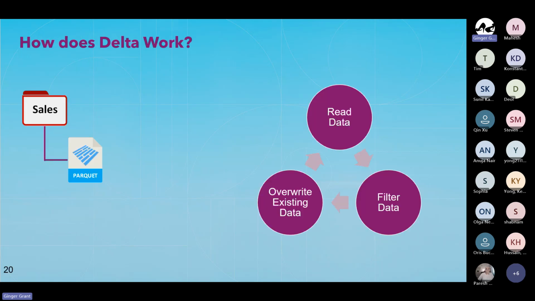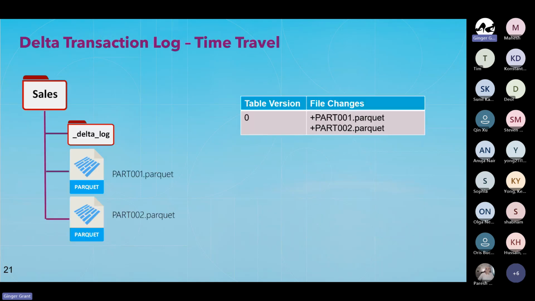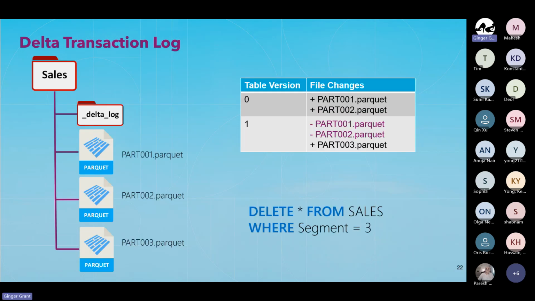So how does that work anyway? You read data, you filter it, and then you write it. So let's take a look at that. Let's say that in this instance, because I had a lot of data, I happen to have two Parquet files, and that is version 0. And let's say that I want to delete where segment equals 3 from those files. It's going to logically delete the first two files and give me a new file that is missing segment 3's.